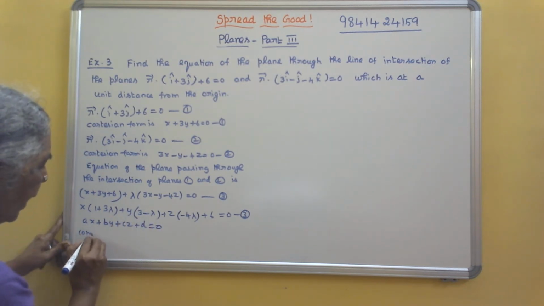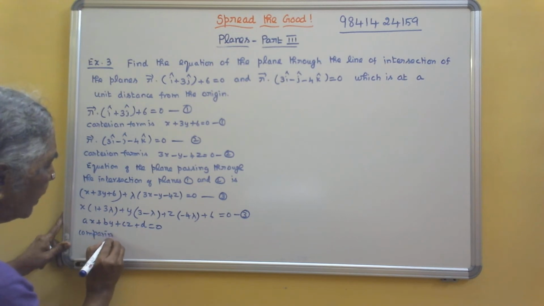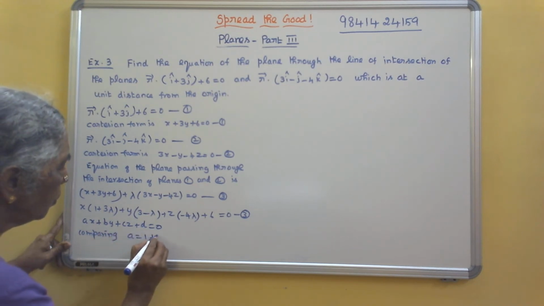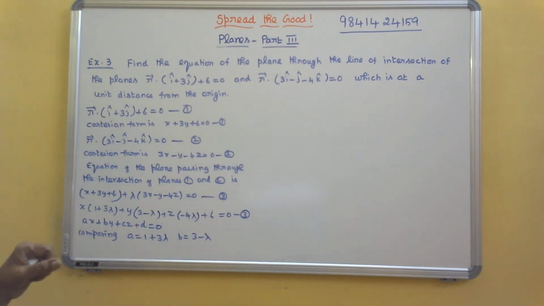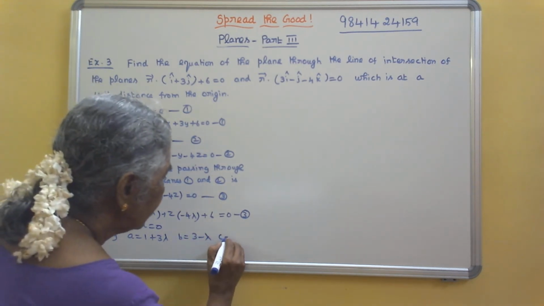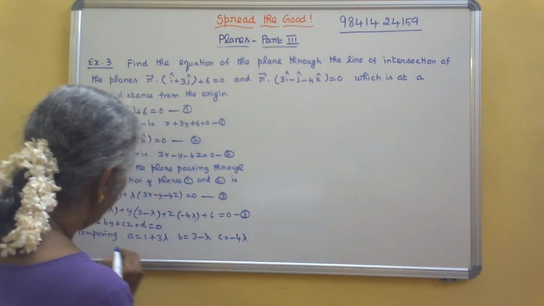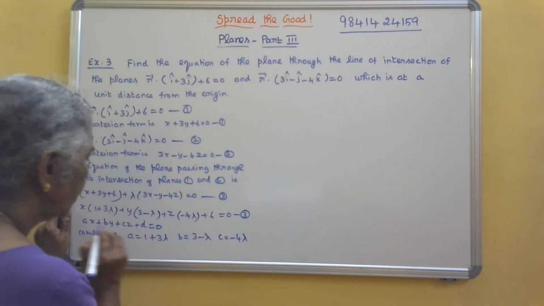Comparing, I will get a is equal to 1 plus 3 lambda, b is equal to 3 minus lambda, c is equal to minus 4 lambda and d is equal to 6.